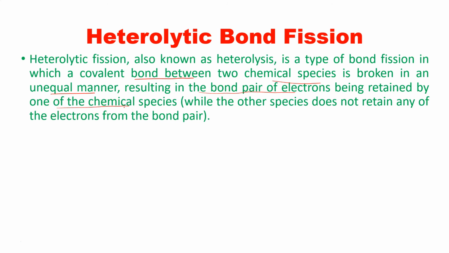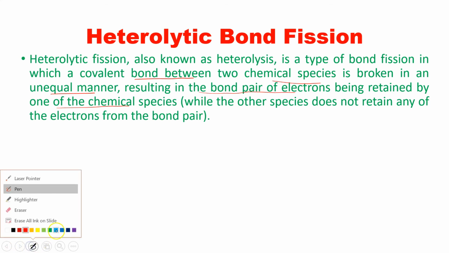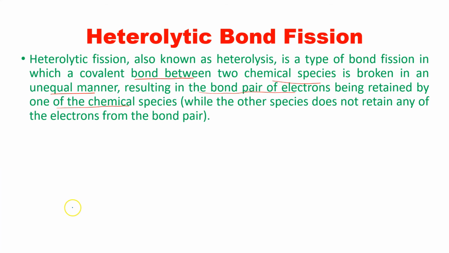So it will be retained on one of the atoms, while the other species becomes electron deficient. So let us consider again an example, A and B. Say suppose there is a molecule A and there is B. Suppose one is electronegative and one is electropositive. So we will consider here that B is the more electronegative atom.